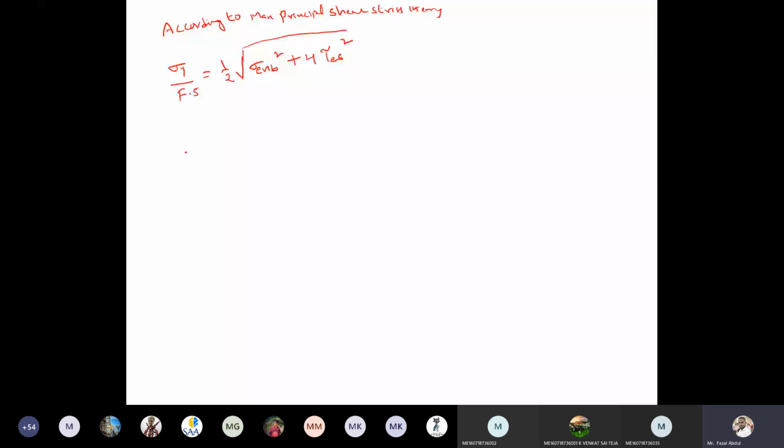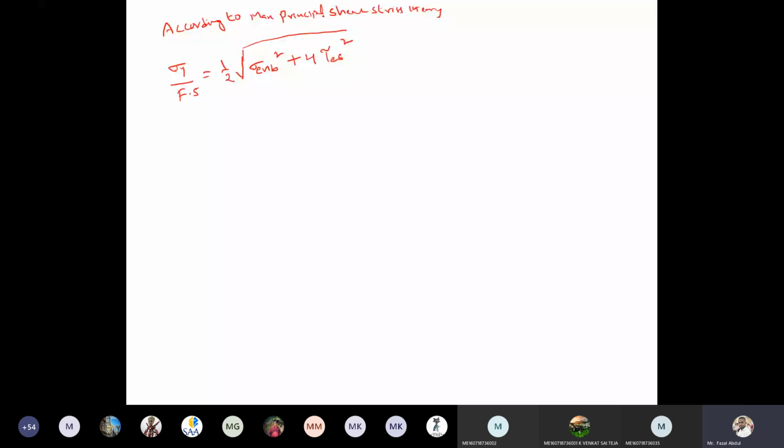Okay. How much is the yield strength given in the question? The yield strength is given in the question as 410. 410 or 200? Okay, 410. Oh, wait.